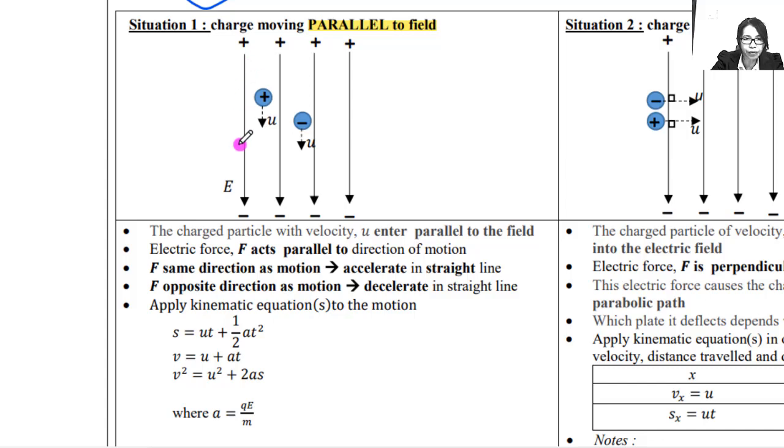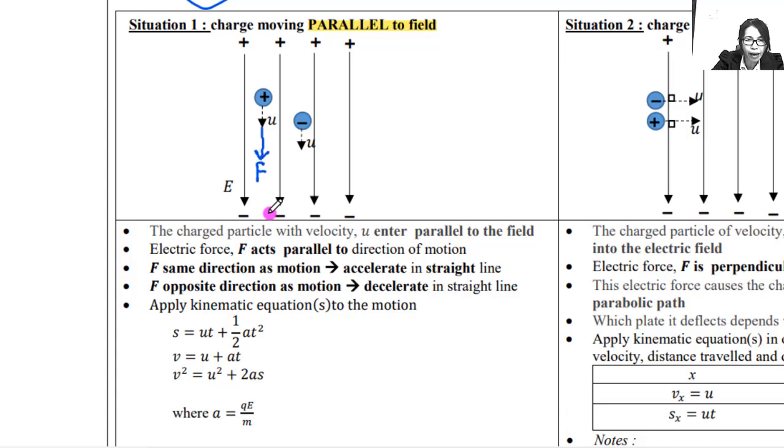So what is going to happen? We understood that when the charge moves in an electric field, it experiences electric force. So untuk charge positif ni, dia akan rasa electric force ke bawah, menarik dia ke arah plate negatif. For this positive charge, it will experience electric force straight downward.